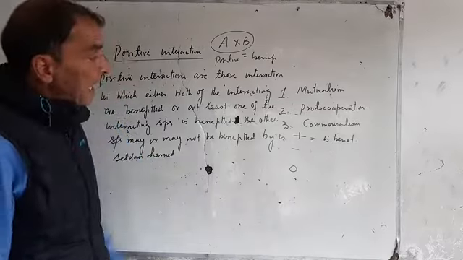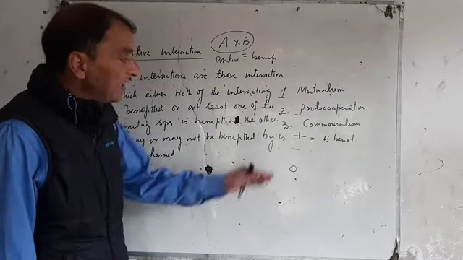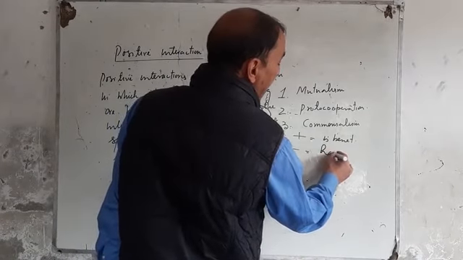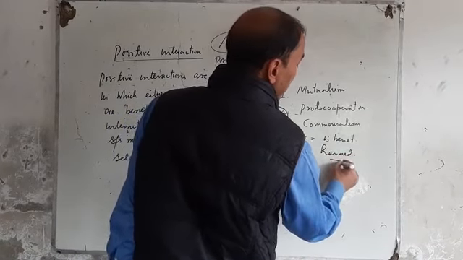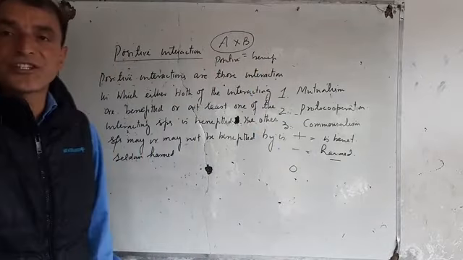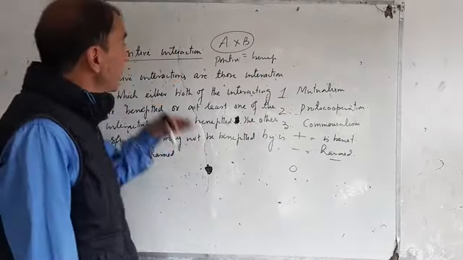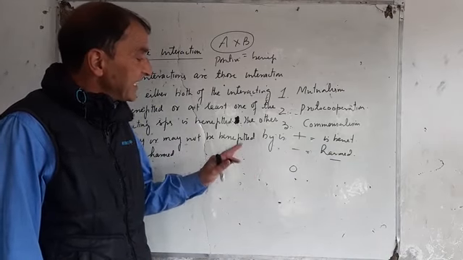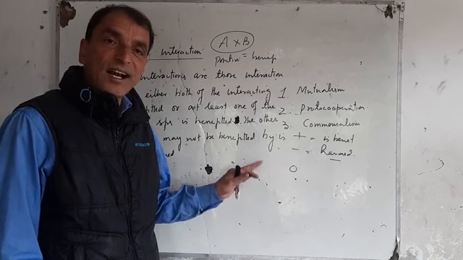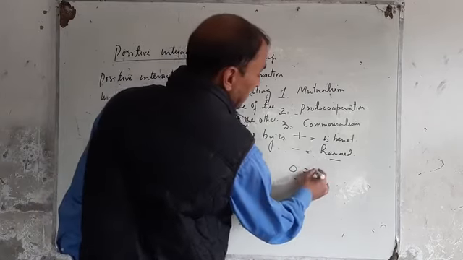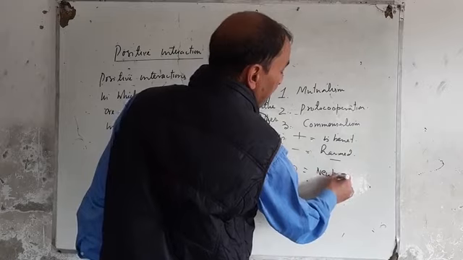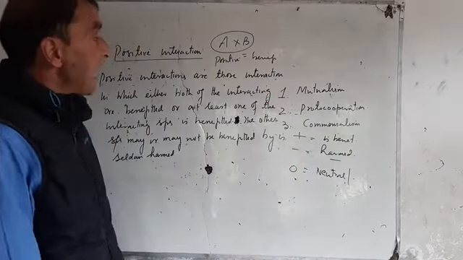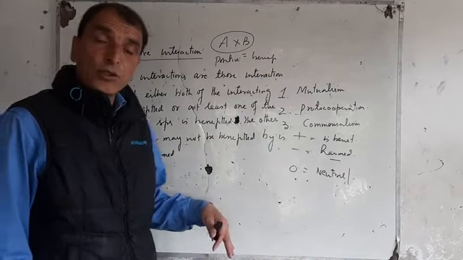We use minus sign, which indicates that the species is harmed. And we use zero sign to indicate that these interactions are neutral, neither beneficial nor detrimental.